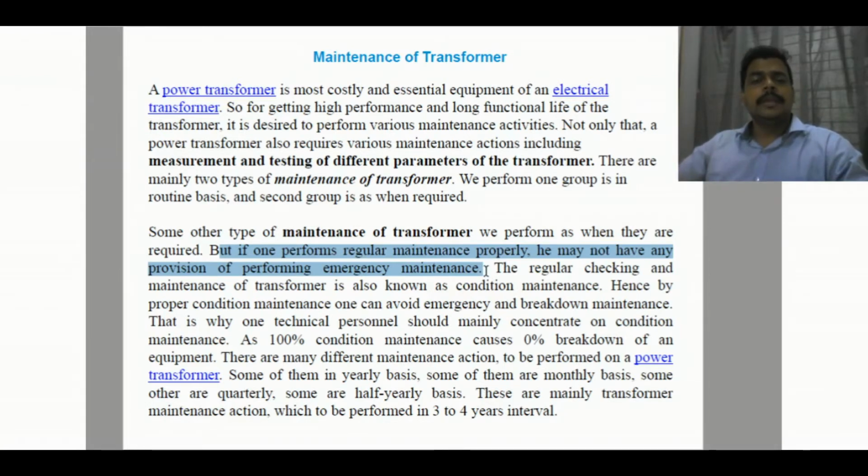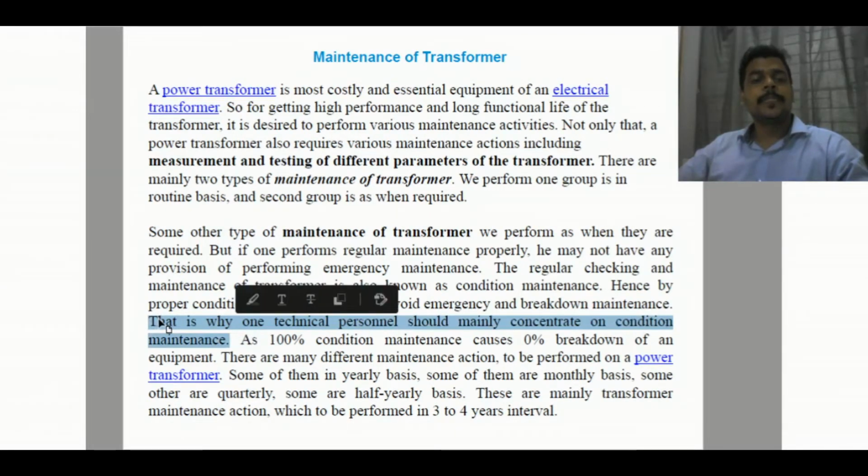The regular checking and maintenance of a transformer is also known as condition maintenance. Hence, by proper condition maintenance, one can avoid emergency and breakdown maintenance. That is why technical personnel should mainly concentrate on condition maintenance.